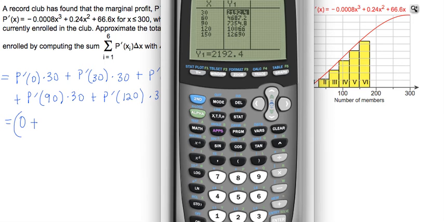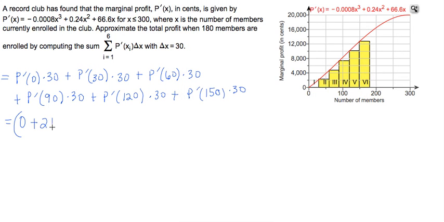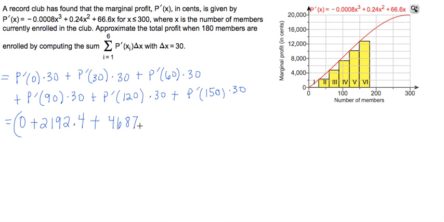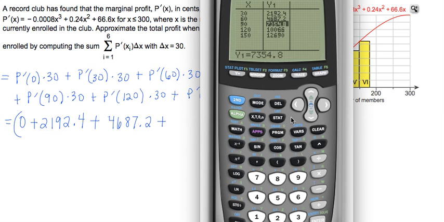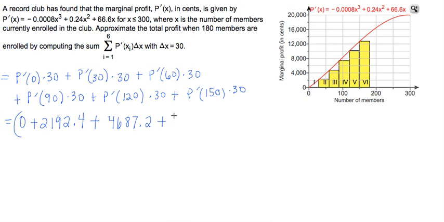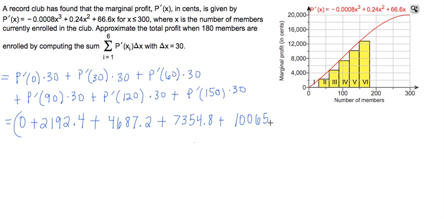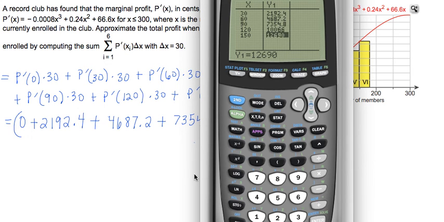Okay, so we're going to have 2192.4 is P prime of 30, plus P prime of 60 is 4687.2, plus P prime of 90 is the height of my fourth rectangle, 7354.8, plus P prime of 120 is 10165.6, and P prime of 150 is 12,690.